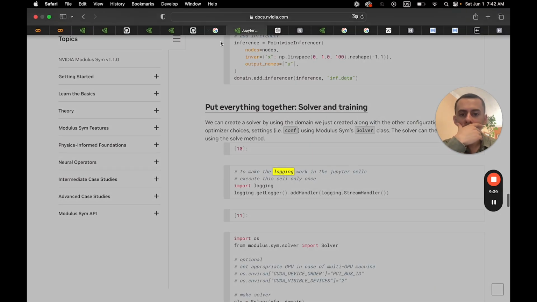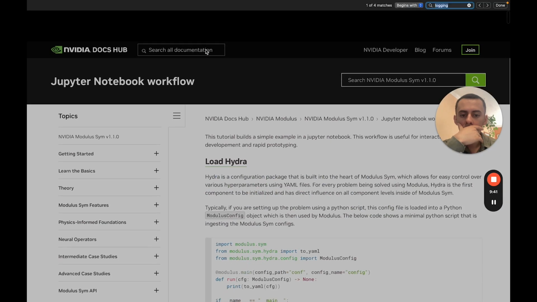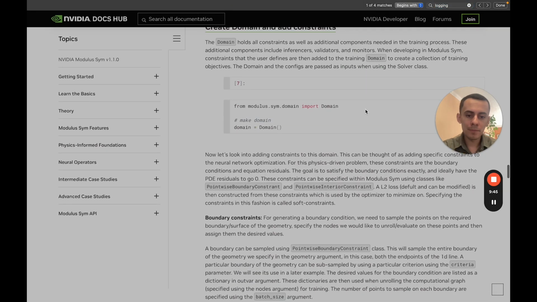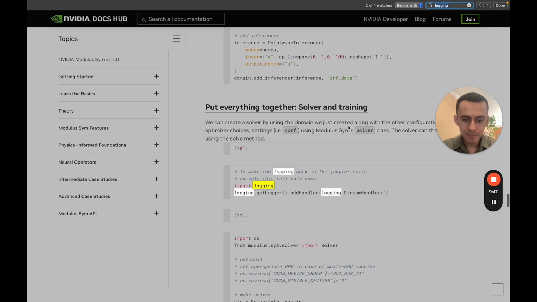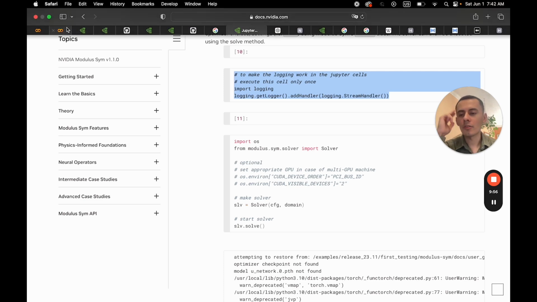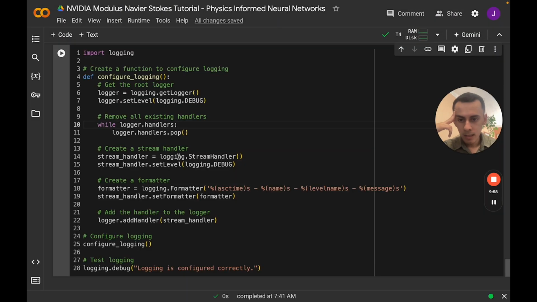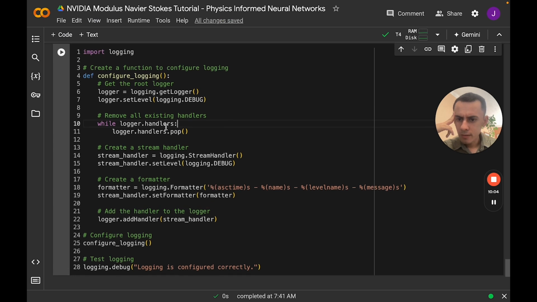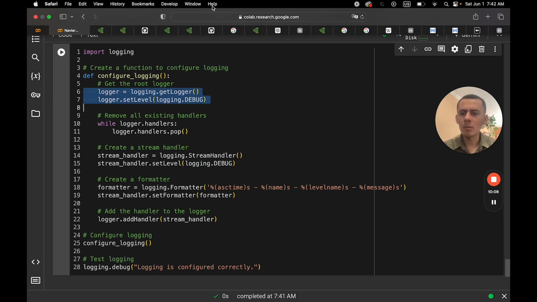In this link, which is all about the Jupyter Notebook workflow, they talk about the logging, and they tell you to do this, but it didn't work for me, so I had to troubleshoot a little bit. I don't remember exactly what the big issue was. So I get the logger, I set the level.